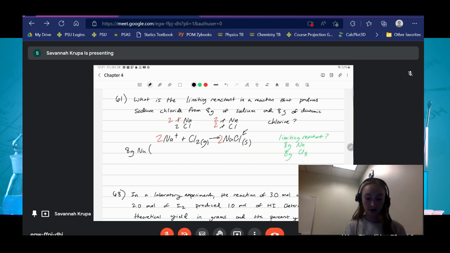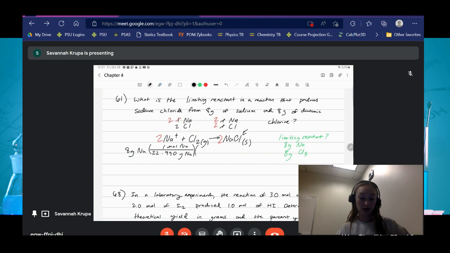Since we're starting with grams, we need to use the molar mass to get to moles, and the molar mass of sodium is 22.990 grams of sodium for 1 mole of sodium, so that's grams to moles.